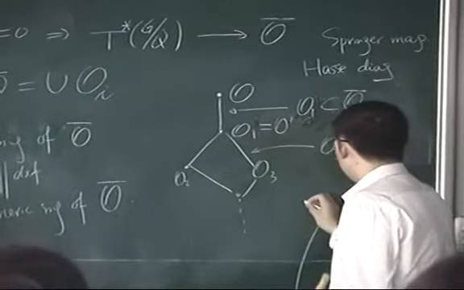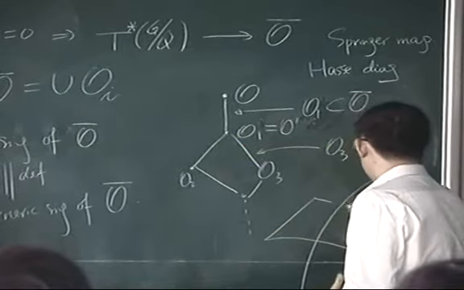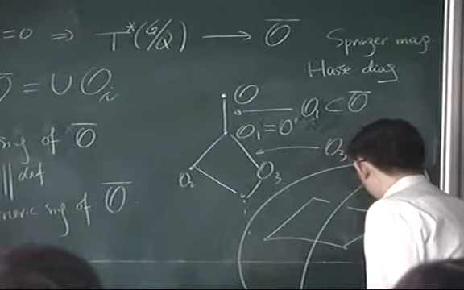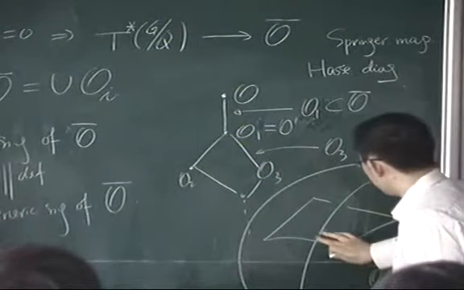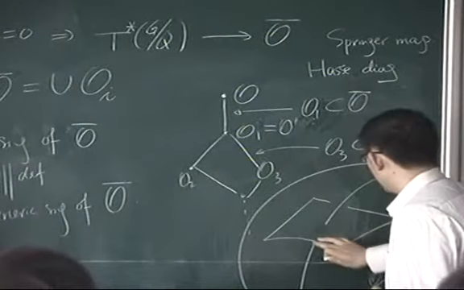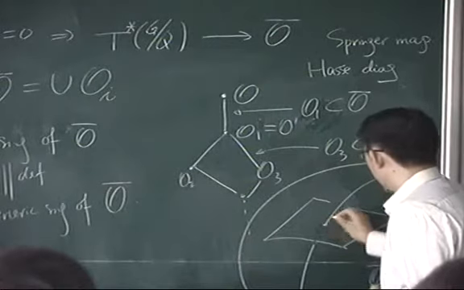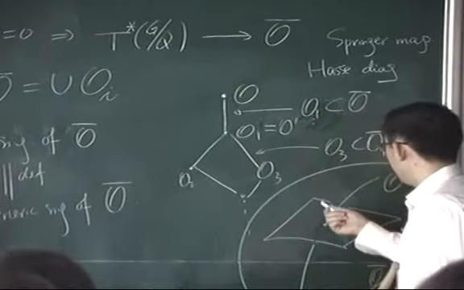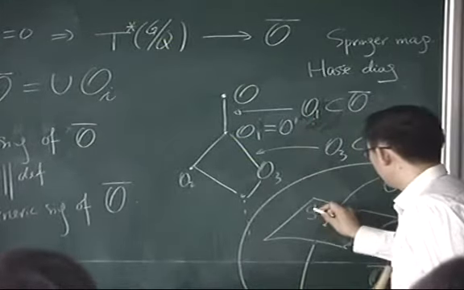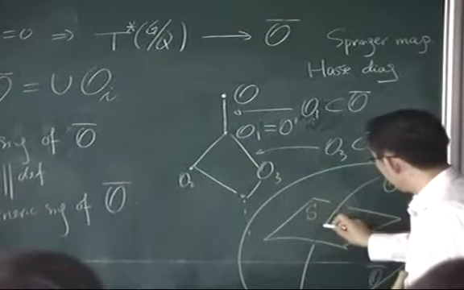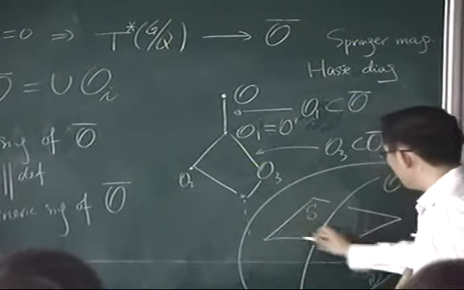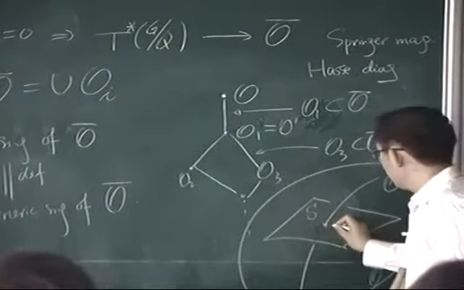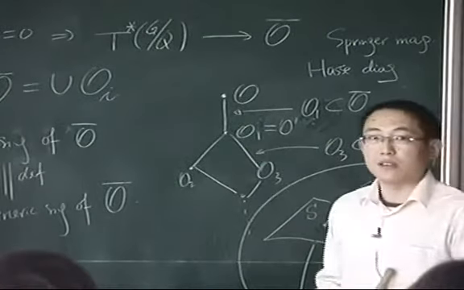And then you take a transverse slice inside this big O bar, a transverse slice to this orbit. You can take a Slodowy transverse slice or any other you like. Then you get a variety which is singular only at this point. So you get an isolated singularity.